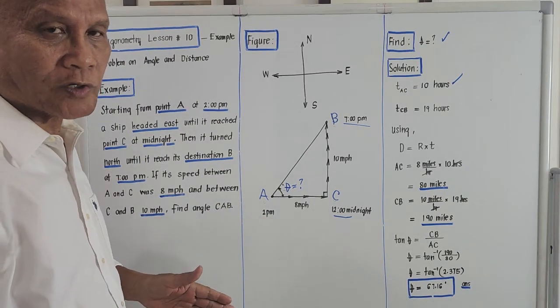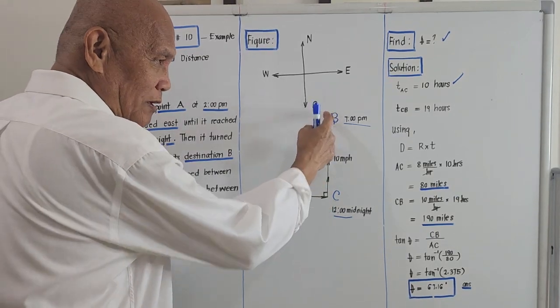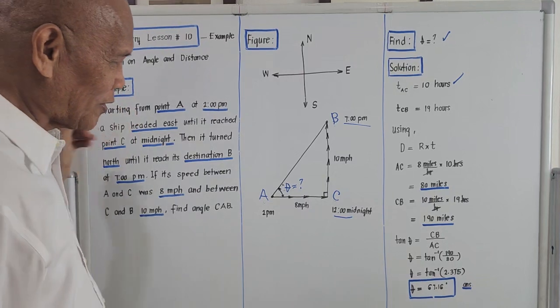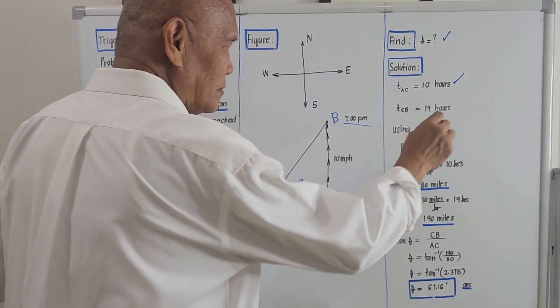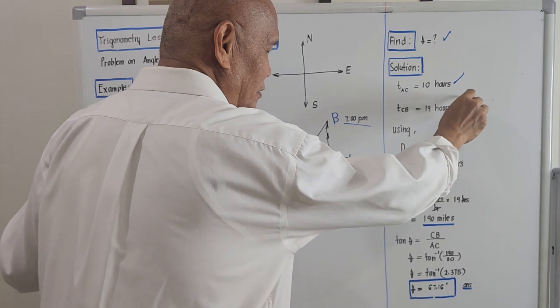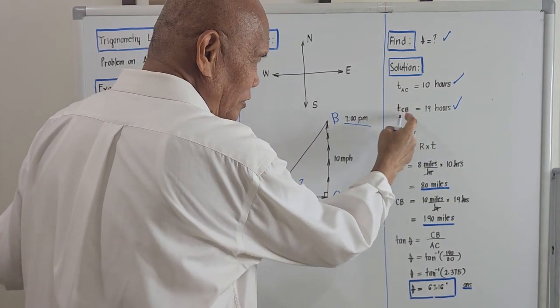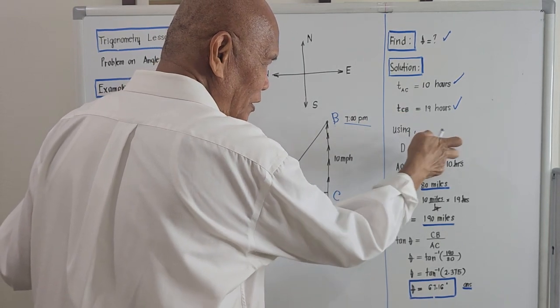The total hours from C to B is very near 24 hours, but it's not 24 hours. It's 12 plus 7, and that is actually 19 hours. So it's a long journey. Small letter t with the subscript CB, meaning the time consumed from point C to point B, is 19 hours.